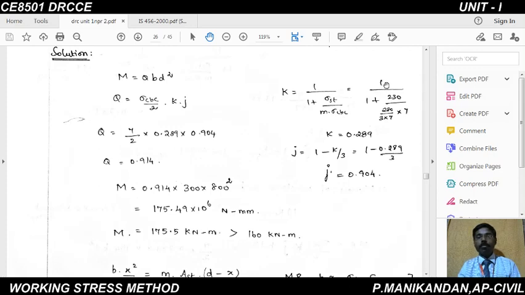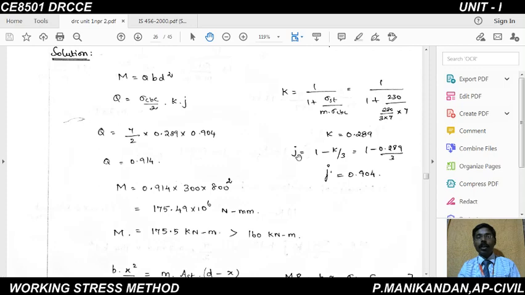Substituting, 1 divided by 1 plus 230 divided by m into 7, where m is 280 divided by 3 into 7. Finally, we get the value of K as 0.289.